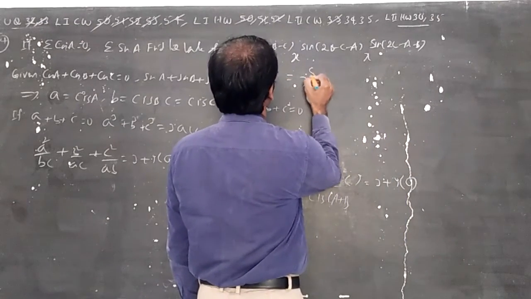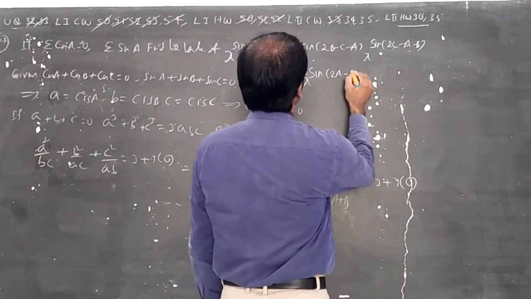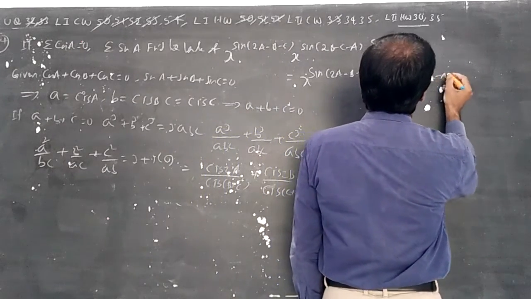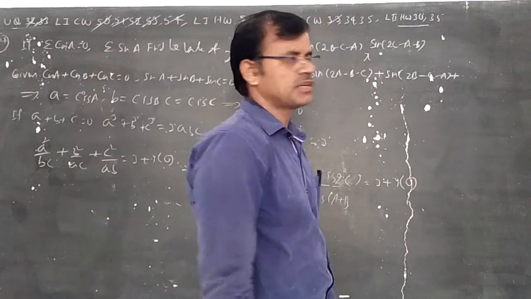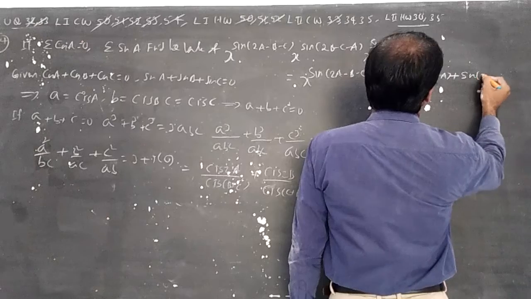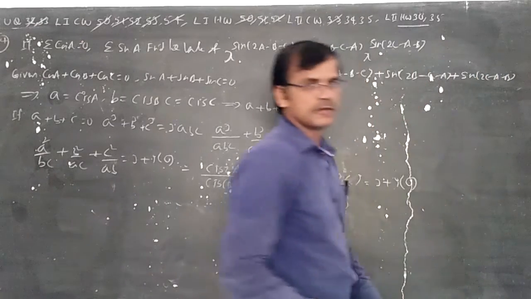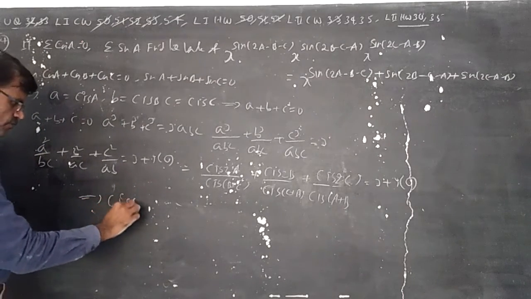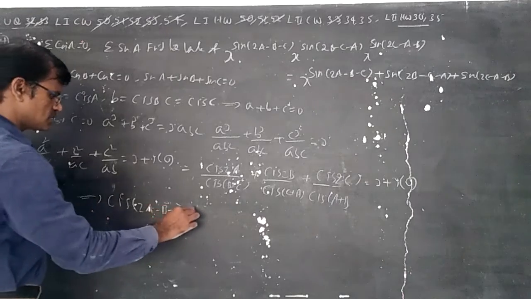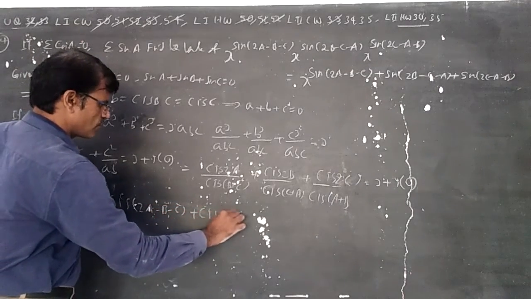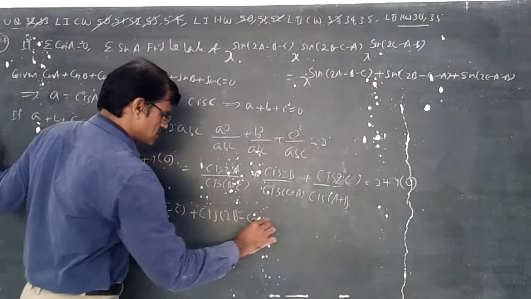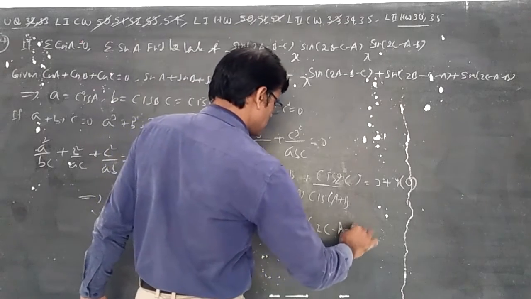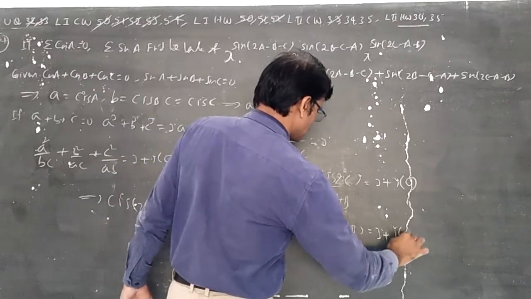This one you can understand as x power like this: cis of 2A minus B minus C plus cis of 2B minus C minus A plus cis of 2C minus A minus B is equal to 3 plus i into 0.